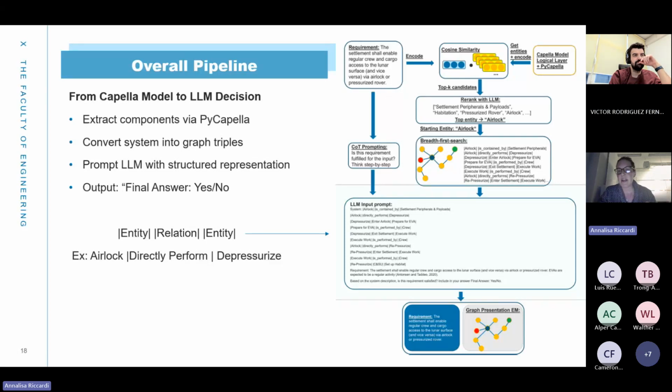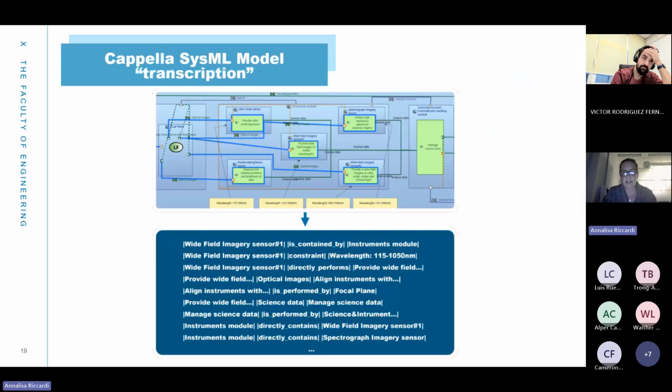So at the very beginning, when we were using just a state-of-the-art baseline large language model, you just feed in the prompt the verbalized part of the system that you are interested in, and the requirement, and you just ask, does the system verify the requirement or not? And as I say, it was learning, but it also had a lot of false positives. This is just another slide that explains this verbalization of the Capella SysML system, where you have to transcribe it to text first.